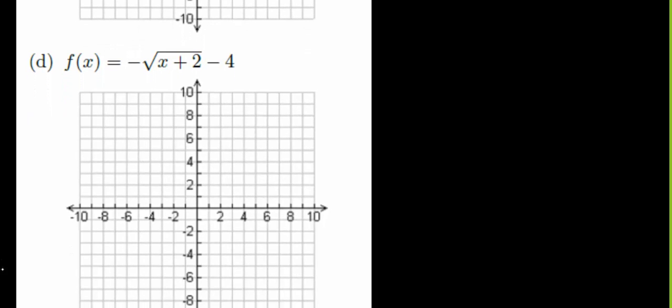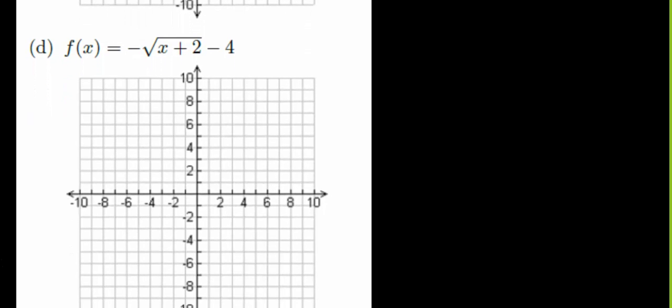Okay. Now, down here, this one's got a minus. We've got a horizontal shift and a vertical shift, but then we've got the negative in front. That tells us that whenever we draw this graph, we're going to draw it upside down. So look, if I look at this function, let me just draw part of it.